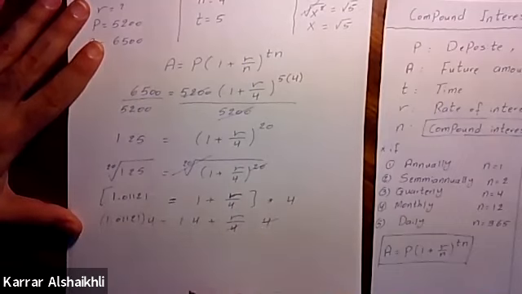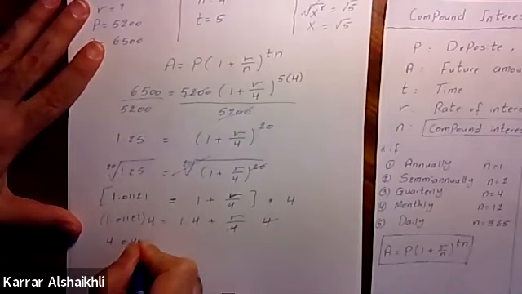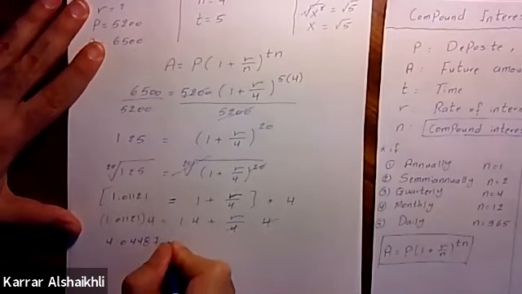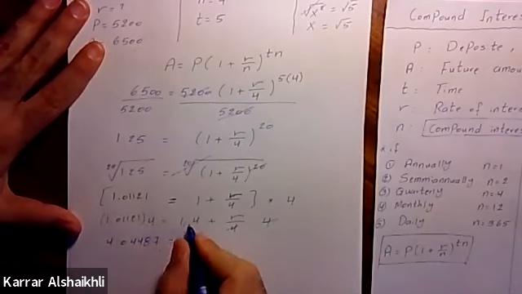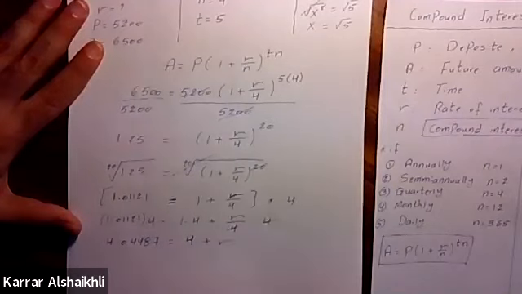Cancel these. This number times 4 is 4.0448487, equal to 4 plus r.